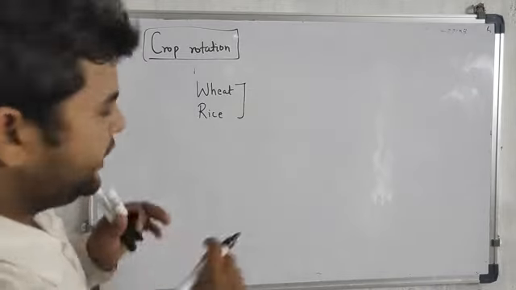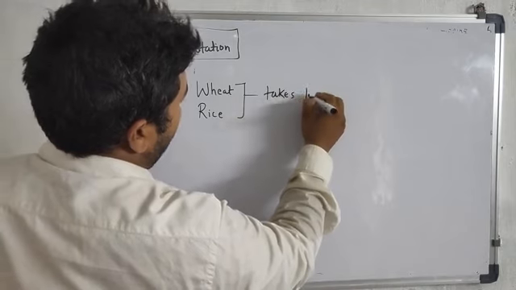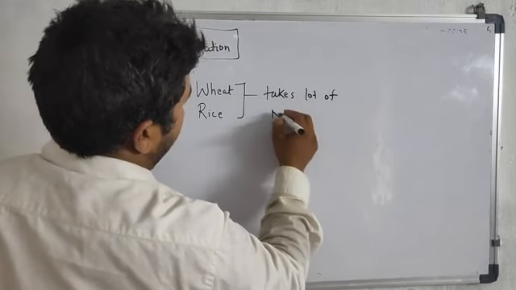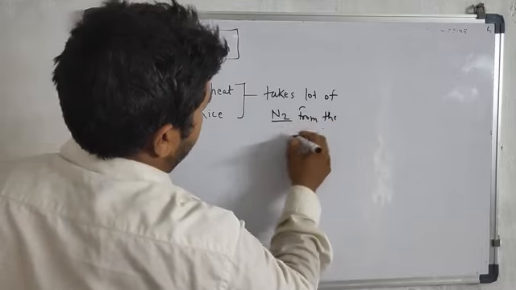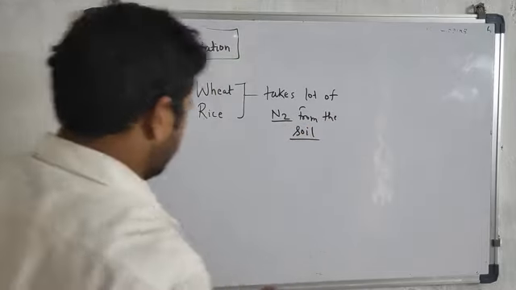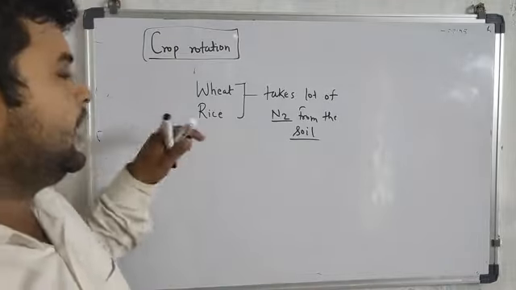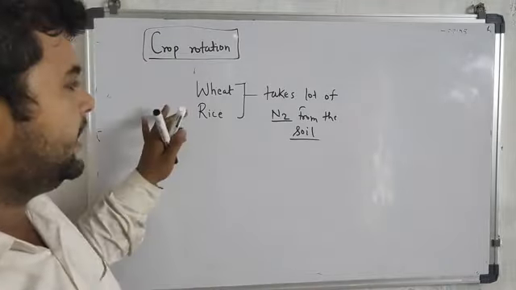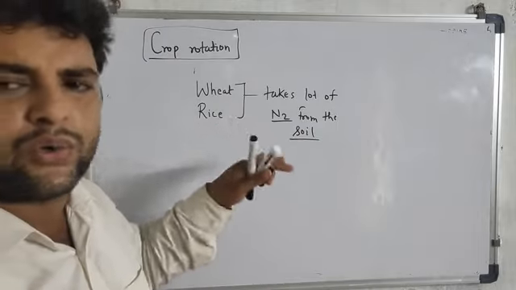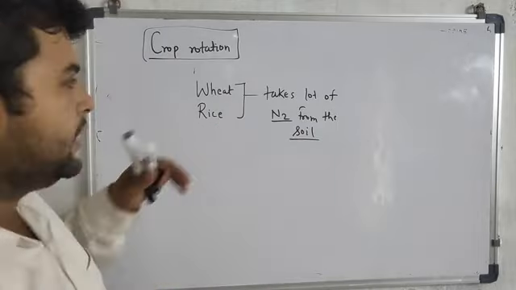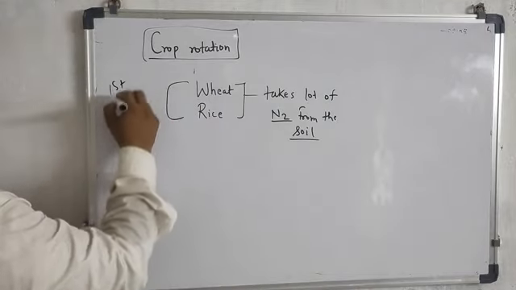Wheat and rice usually take a lot of nitrogen from the soil. So suppose in a particular season we are cultivating wheat and rice, then we know that these two crops usually take lots of nitrogen from the soil. Then suppose this is the first season.